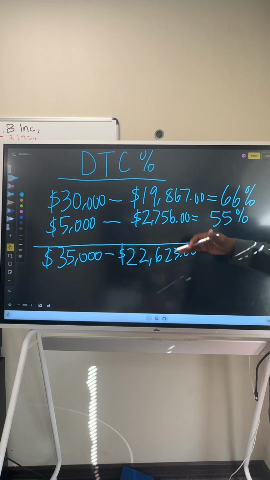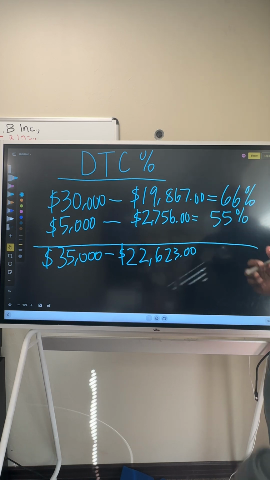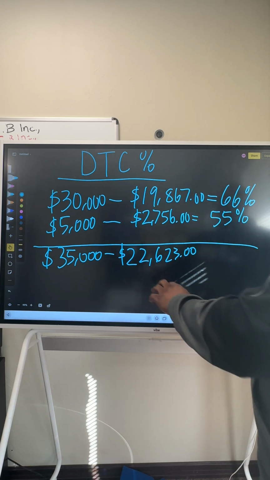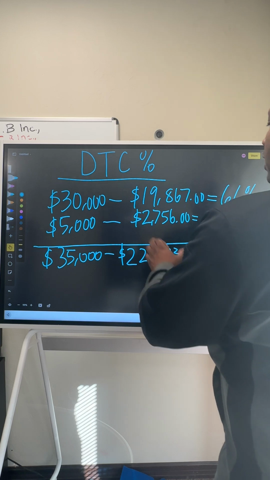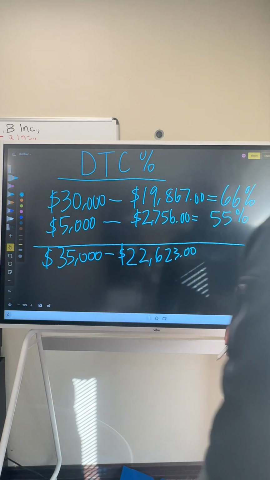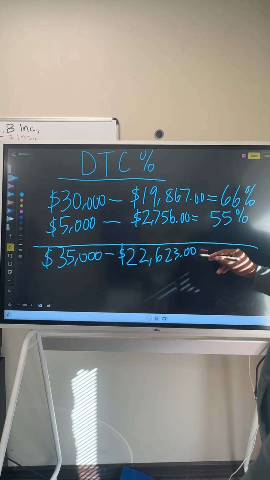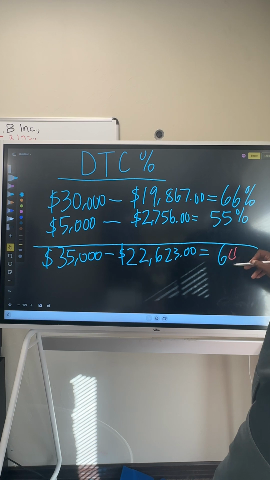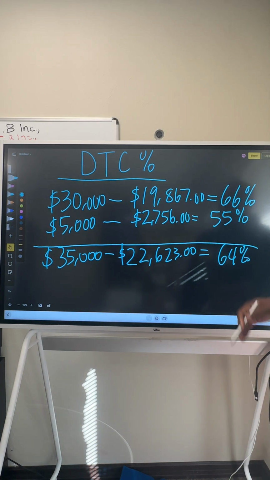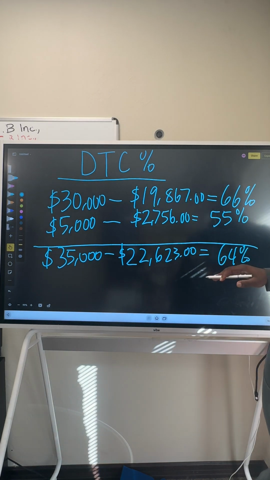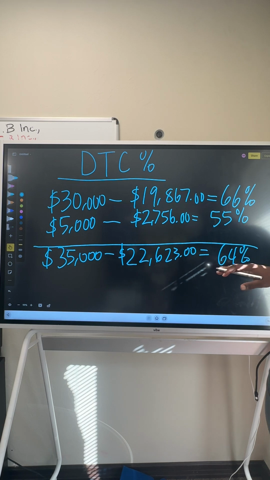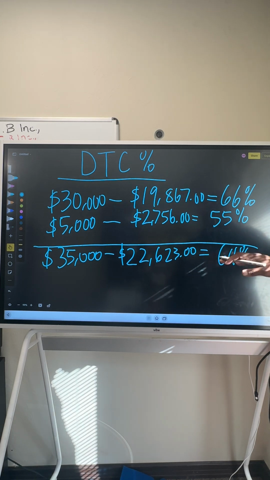You're doing the same thing over and over with the debt to credit ratio. Now all you do is take this number and divide it into that number. Once you do that, you get 64%. So this number right here is your debt to credit ratio.